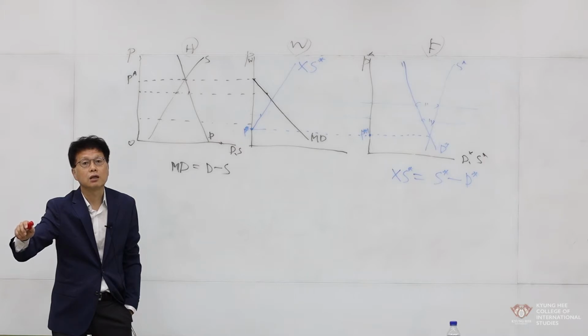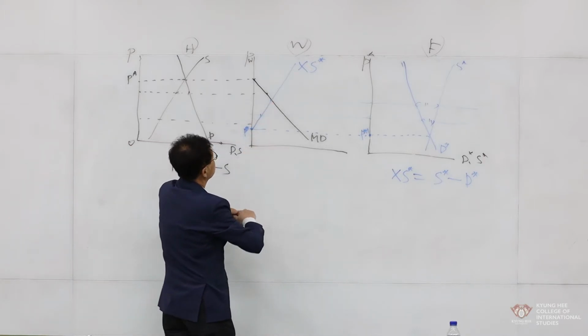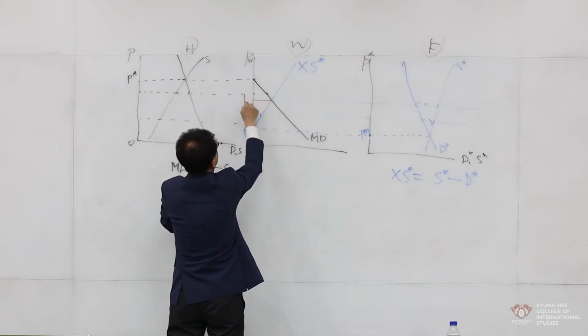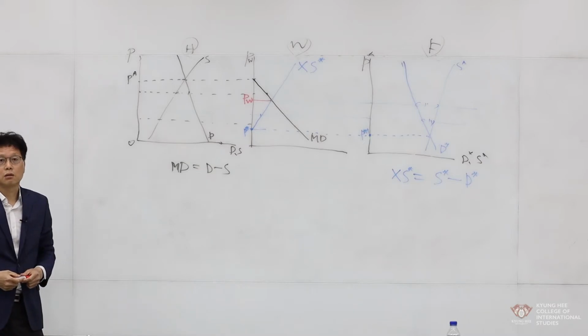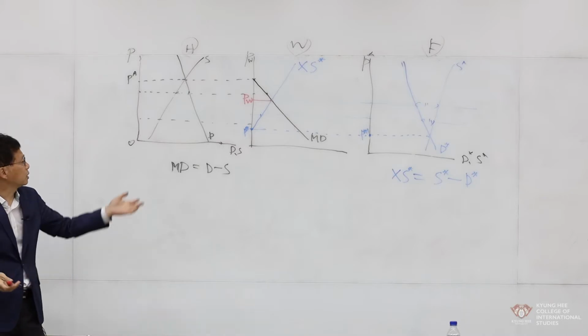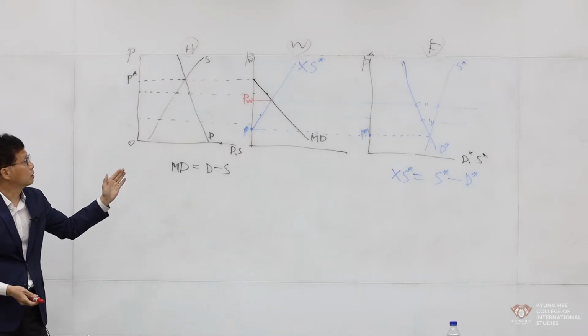The quantity of import demand should be equal to export supply at this price. That is P W, the world free trade price, P T. But I said P W here. I notate P W. Can you understand?